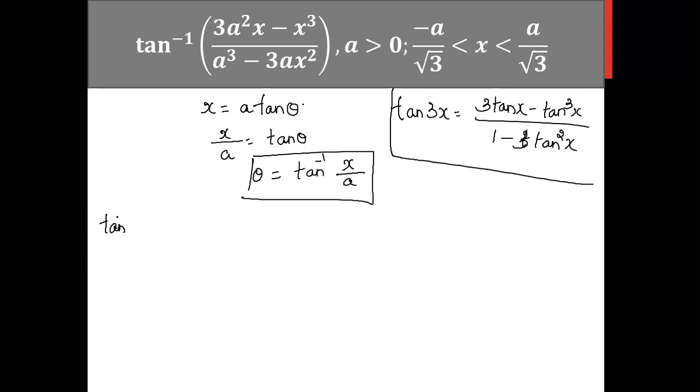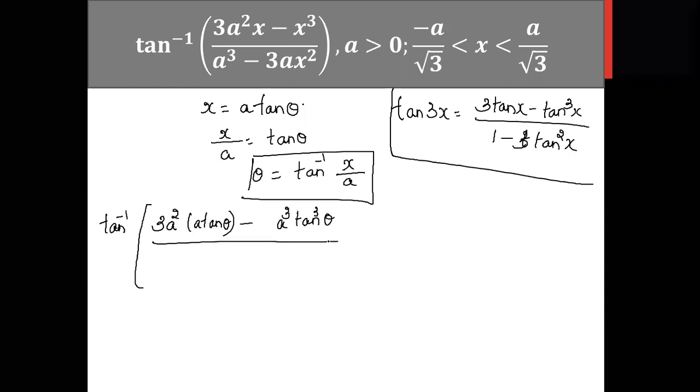Now substitute the value of x wherever is required. So it is 3a square into x, which is a tan theta, minus x cube, so it is a cube tan cube theta, divided by a cube minus 3a into x square. So x square becomes a square tan square theta.